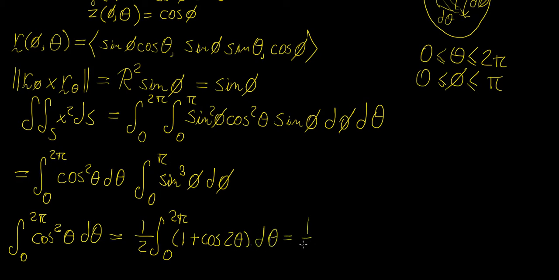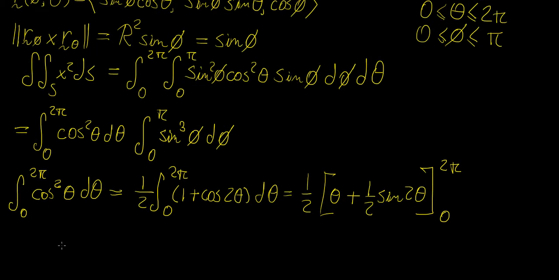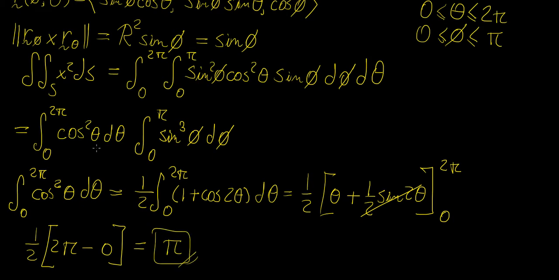So now we're going to have half of theta plus 1 over 2 sine of 2 theta, from 0 to 2 pi. And now let's see what we get. Well, we're going to get half of 2 pi. The sine term is going to be 0 for both cases, so we don't even need to include it. Minus 0. And then this is just going to be pi. So that's the first integral here.